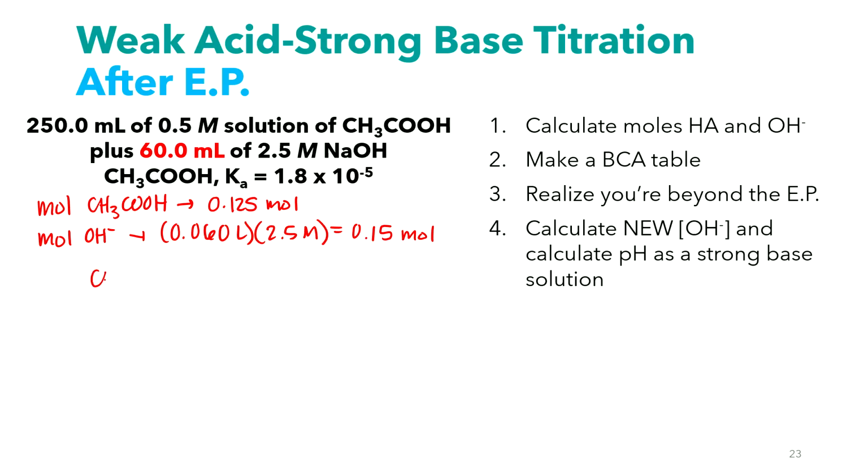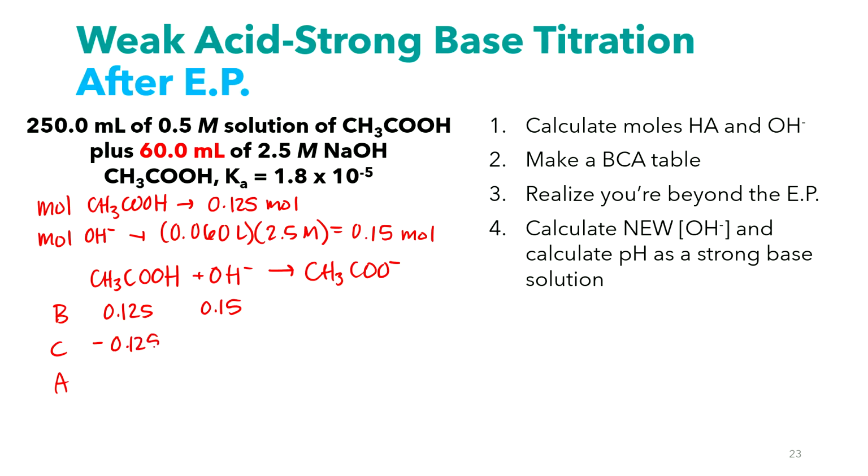I've gone beyond my equivalence point. Okay, so I'm going to use that value and subtract it. And I gain that over here, but we get a little cheat here, which is nice.